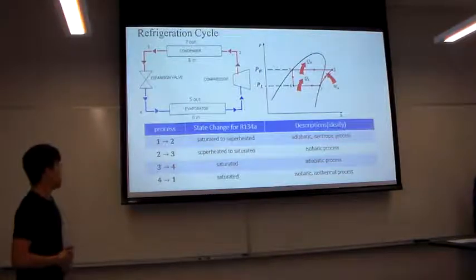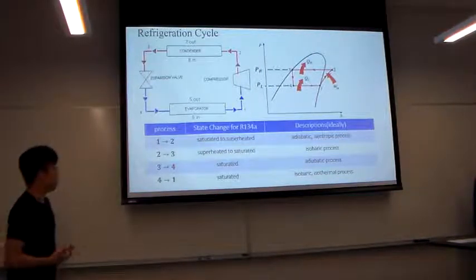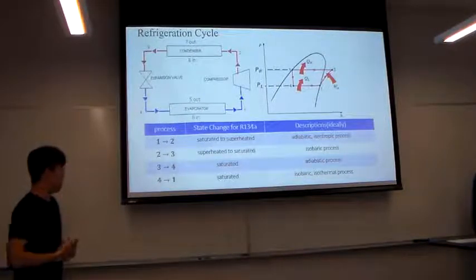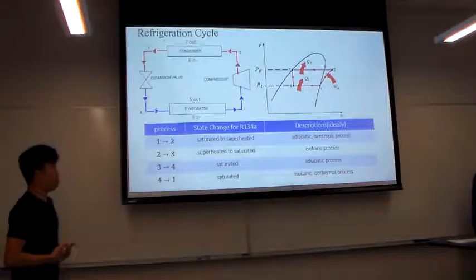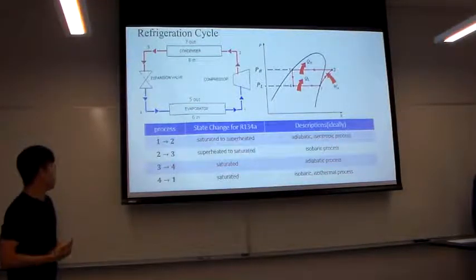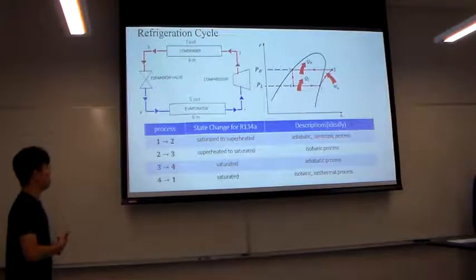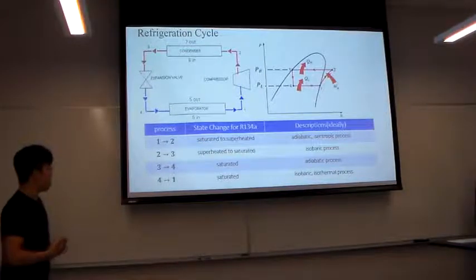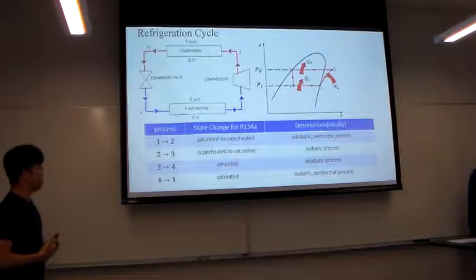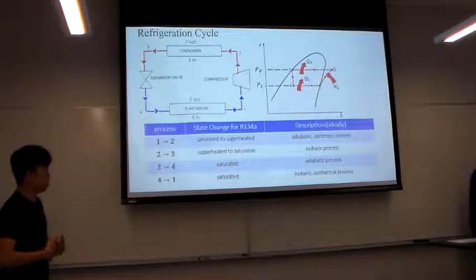From 2 to 3, the condenser rejects the heat, which is the QH, out to the ambient. The fluid goes from a superheated state back to the saturated region, and the process is assumed to be isobaric. From 3 to 4, the fluid goes through the expansion valve, and the process is assumed to be adiabatic. So states 3 and 4 have the same enthalpy.